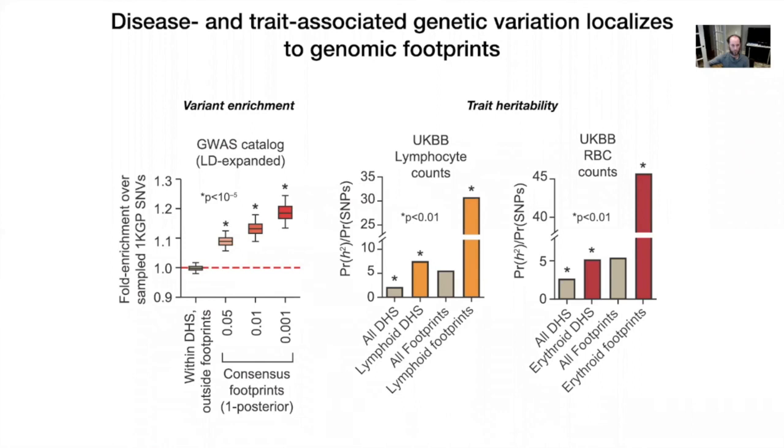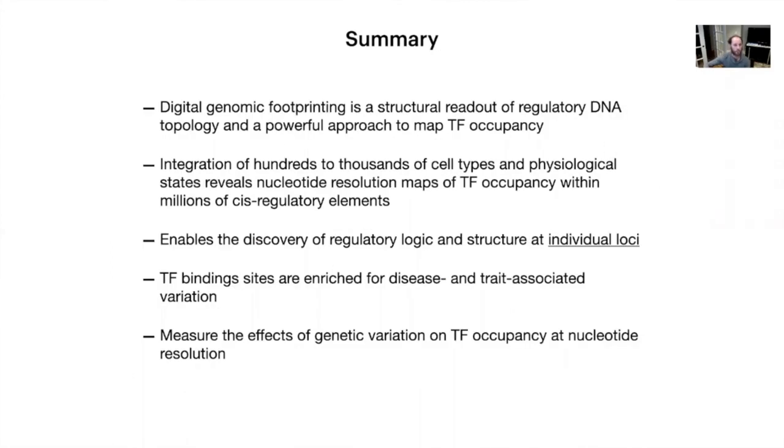To wrap up, digital genomic footprinting is a structural readout of regulatory DNA topology and an incredibly powerful approach to map transcription factor occupancy. We've made some computational advances to integrate hundreds to thousands of different cell types and to build nucleotide-resolution consensus maps of transcription factor occupancy within millions of cis-regulatory elements.